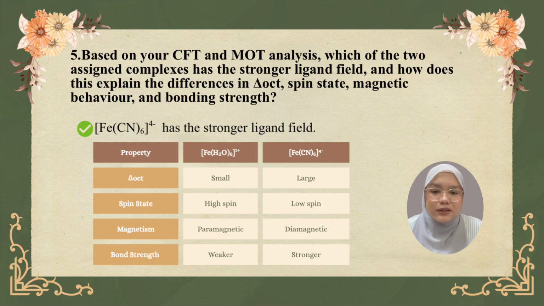In comparison, the hexaaquairon(II) complex has a smaller delta o, remains high spin, is paramagnetic, and forms relatively weaker metal-ligand bonds. In conclusion, combining crystal field theory and molecular orbital theory allows us to understand not only the difference in delta o, spin state, magnetic behavior, and bonding strength, but also the orbital interactions responsible for these properties.